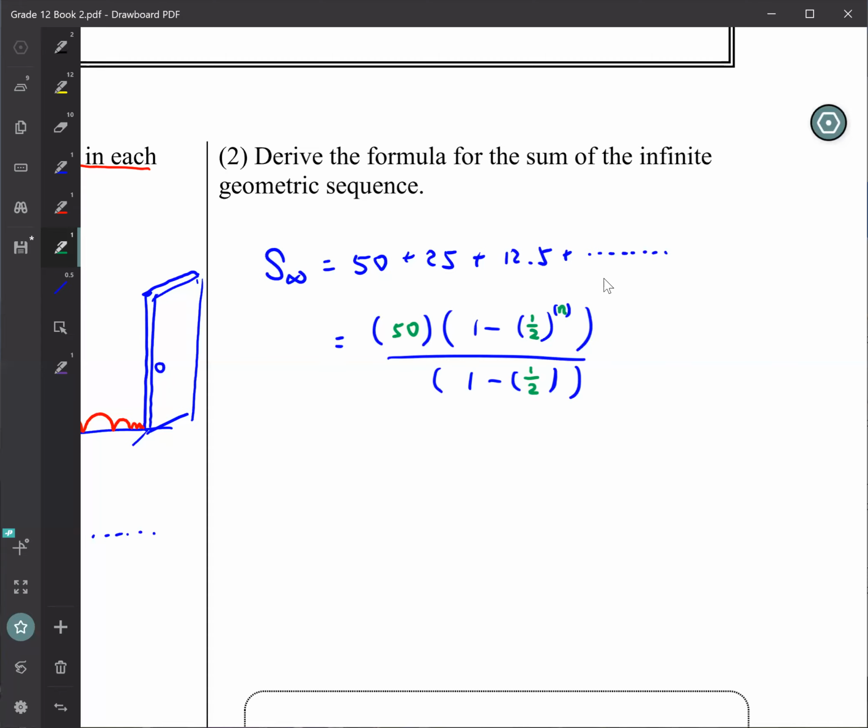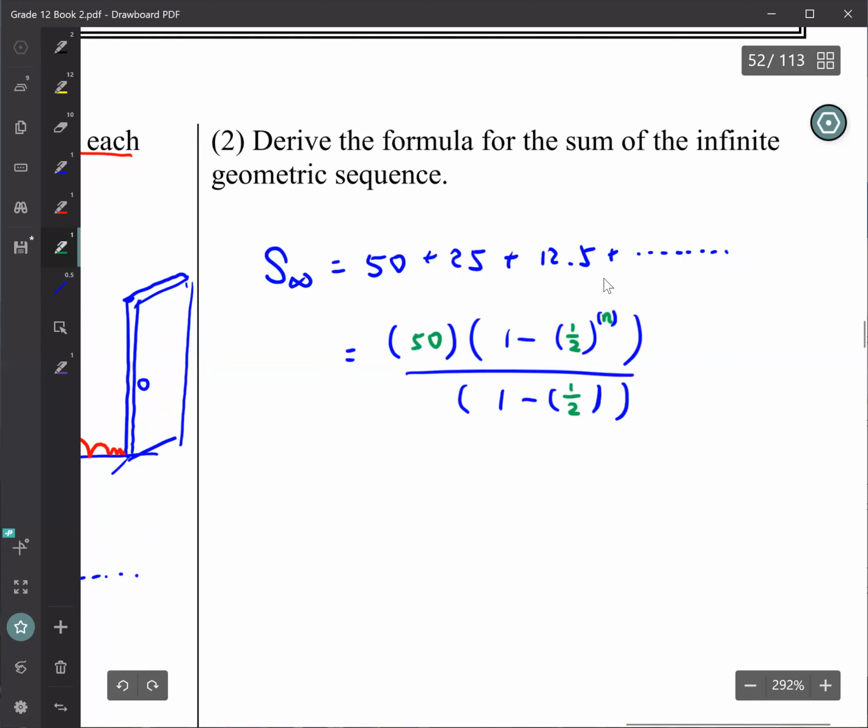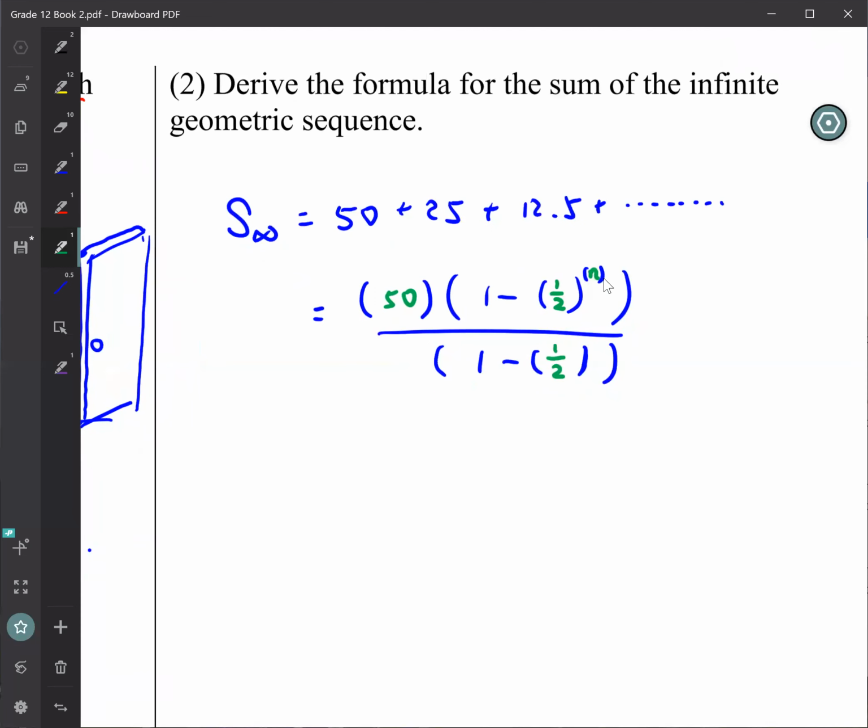Now let's think about what happens if the number of terms gets to infinity. I'm going to erase this exponent and replace it with infinity, because it goes on forever. That means it's multiplying by half forever.